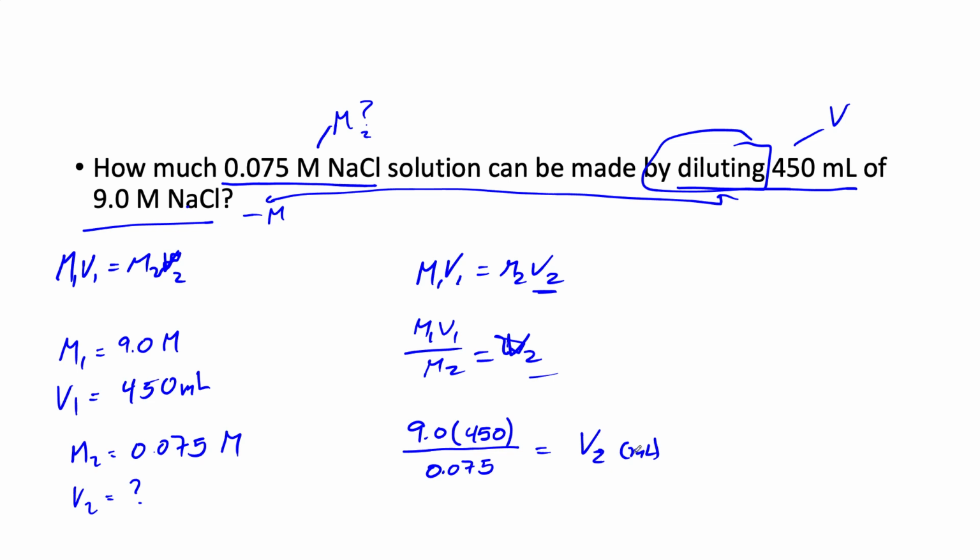Then we divide by 0.075, and we're going to get a big number: 54,000 milliliters, or 54 liters. If you put this down, you'll count it right. So this is how this works. This is what we're doing for those dilution problems.